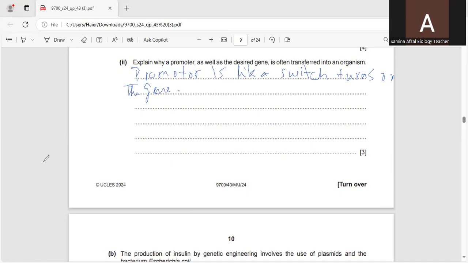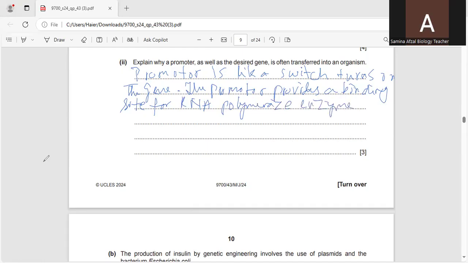So the promoter provides a binding site for RNA polymerase enzyme, which is responsible for transcribing DNA into RNA.